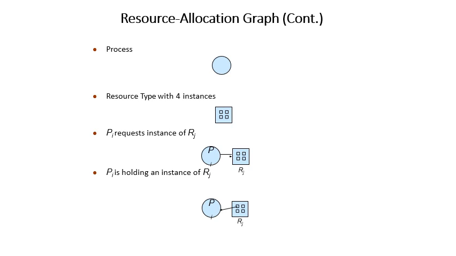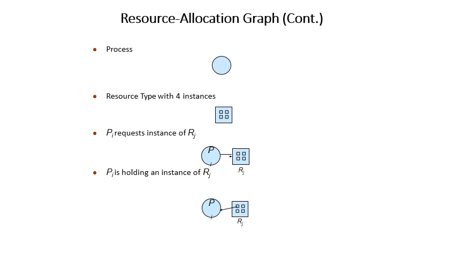If you find a circle in the resource allocation graph, then you should think this is a process. And if you find a square box in the resource allocation graph, then you should think it is a resource.